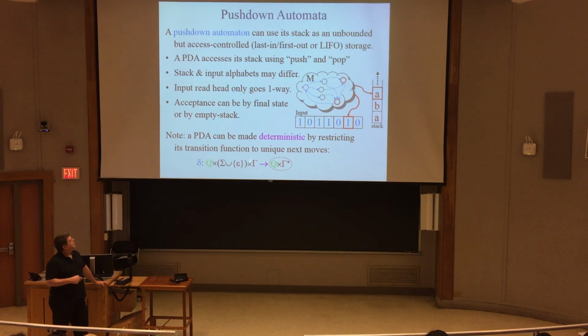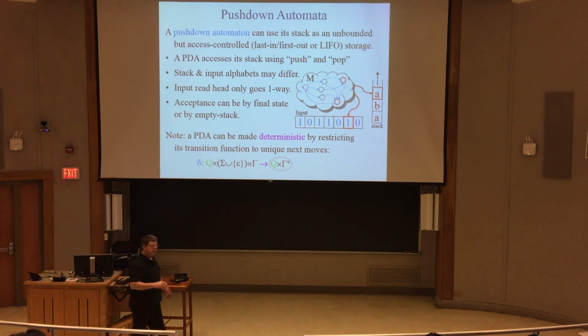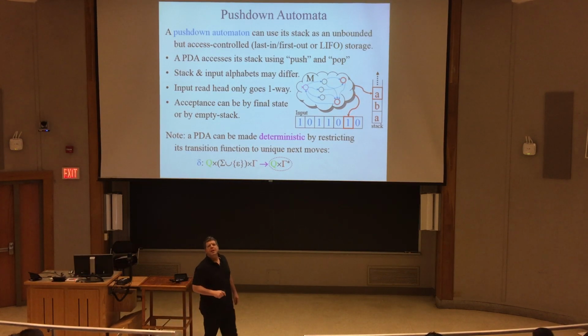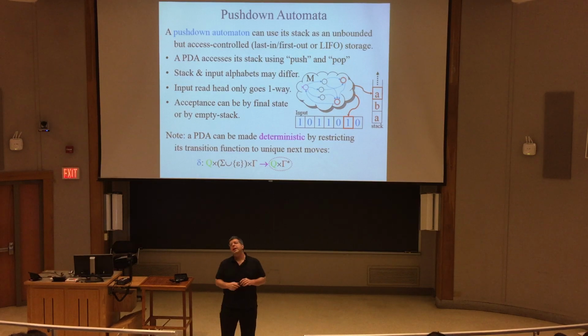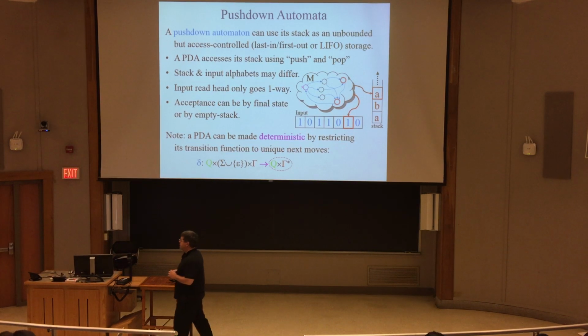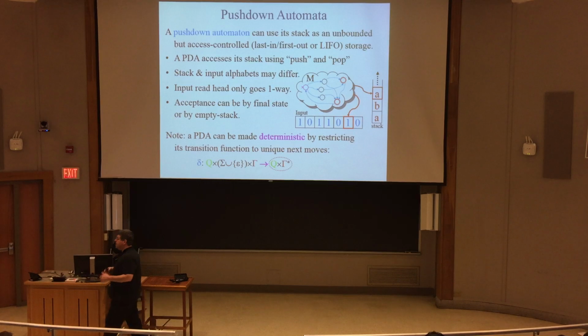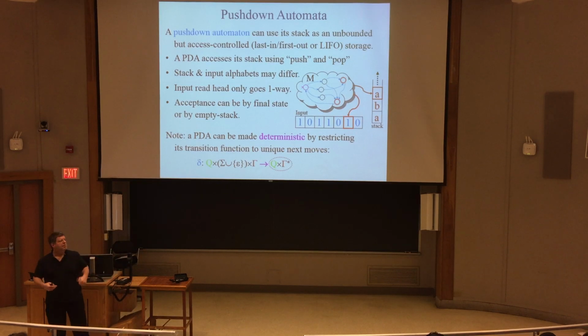But that's now a deterministic pushdown automata, and just again to emphasize, there are things that a non-deterministic pushdown automata can do that a deterministic one cannot do. For example, recognizing palindromes, WWR, and a whole bunch of other things that are context-free. Non-deterministic, you can recognize them, but not with a deterministic pushdown automata.